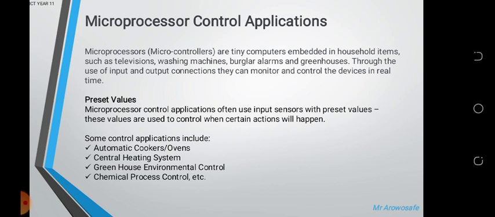So microprocessors are tiny computers embedded in household items such as televisions, washing machines, burglar alarms, and greenhouses. Through the use of input and output connections, they can monitor and control the devices in real time.